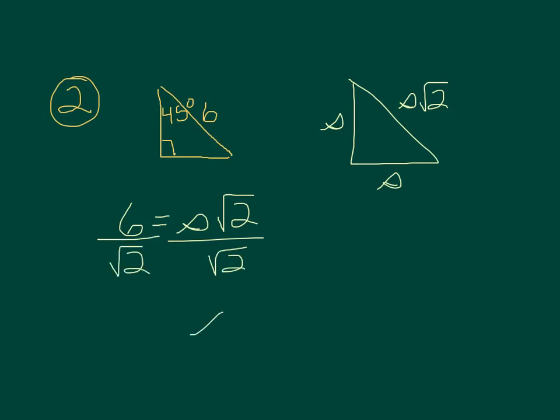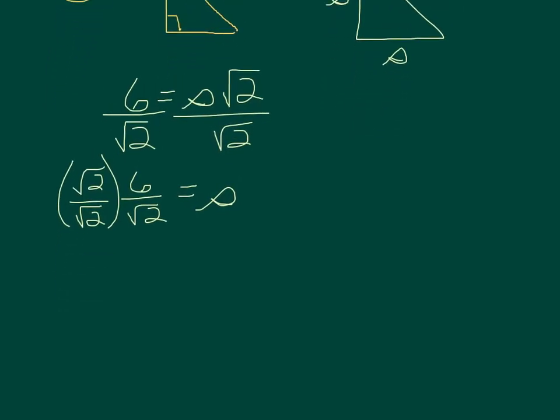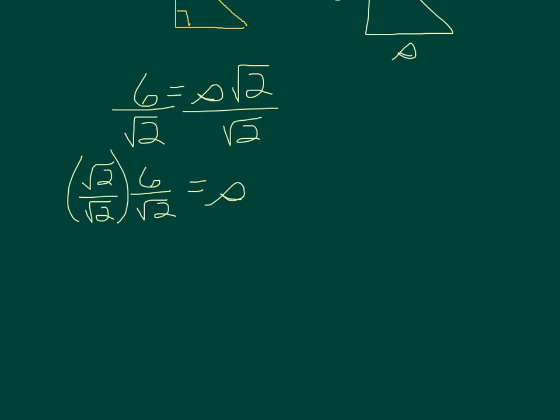And when we do that, s equals 6 divided by root 2, rationalize, root 2 over root 2, and that will give us 6 root 2 over 2, and these cancel and become 3 root 2 equals s.